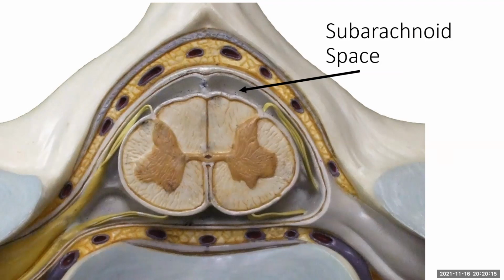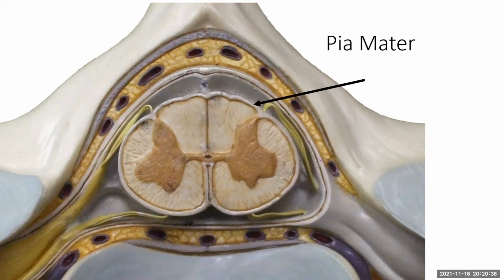That's a pretty bad type of meningitis. But what we're going to do is collect some of the cerebral spinal fluid that's located here in our subarachnoid space. Yes, lumbar puncture. Correct. So then finally, just deep to that is going to be the pia mater.